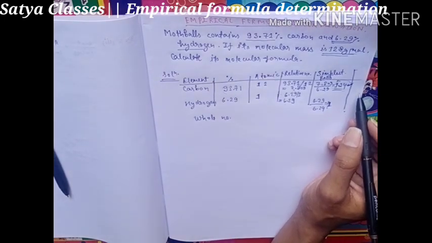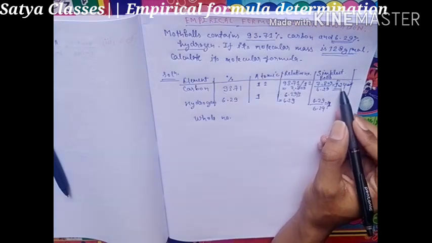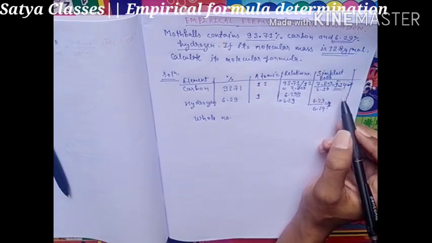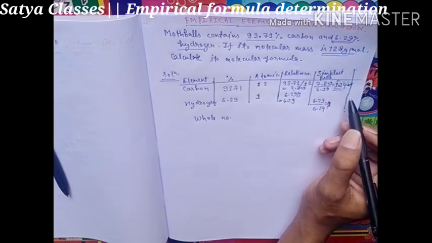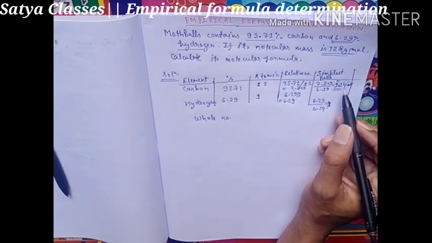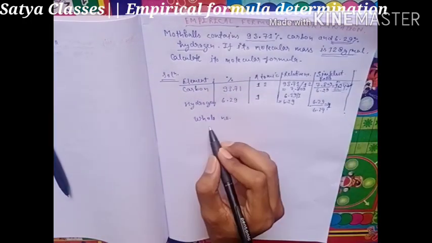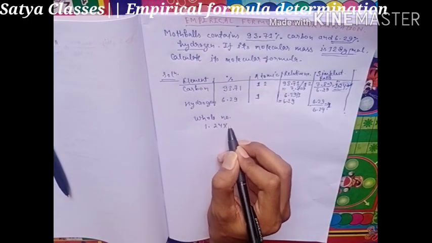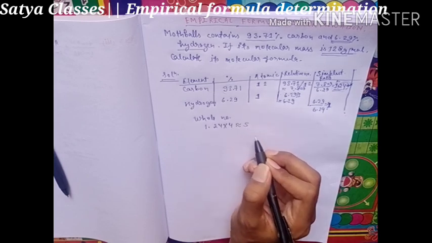You have the freedom to multiply with any number, meaning you can multiply 1.24 by any integer. Look at 0.24, nearly 0.25. When you multiply it by 4 you will get 1 complete. So we'll multiply 1.24 by 4 and this will be nearly equal to 5.